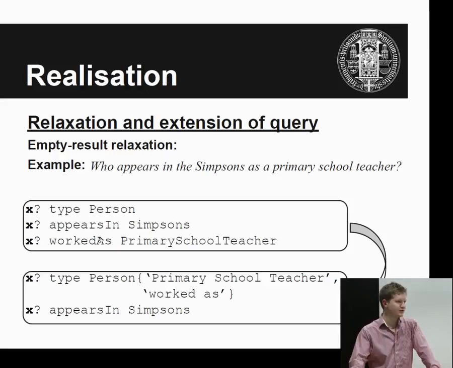Because if they relax this triple, of course they will not get some results. The point is, if you have two triples and the intersection gives you an empty result, then you can relax the first triple or the second. And the ordering matters, because if we relax the first one when we are searching for person, for example, then we would not find some persons, for example primary school teachers.